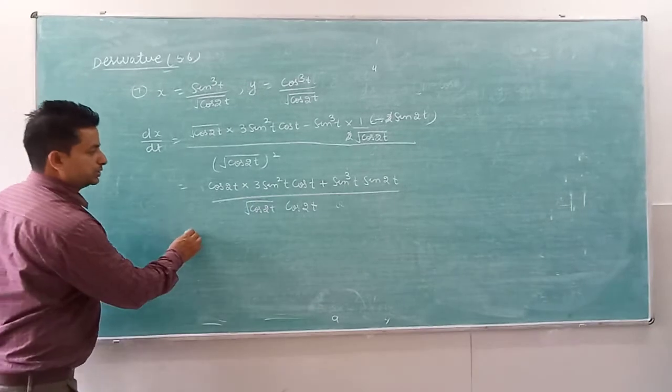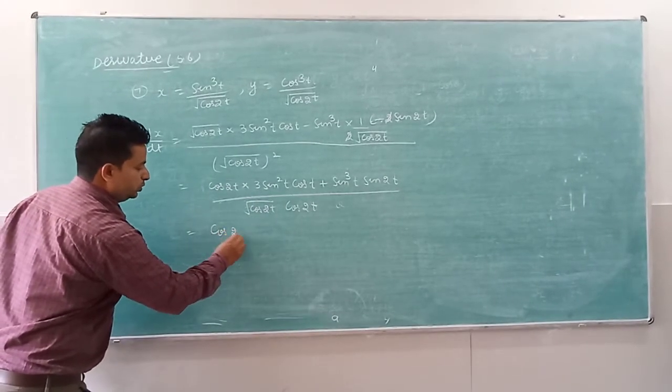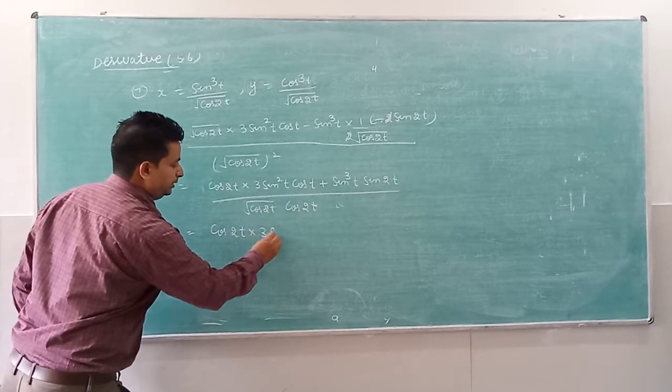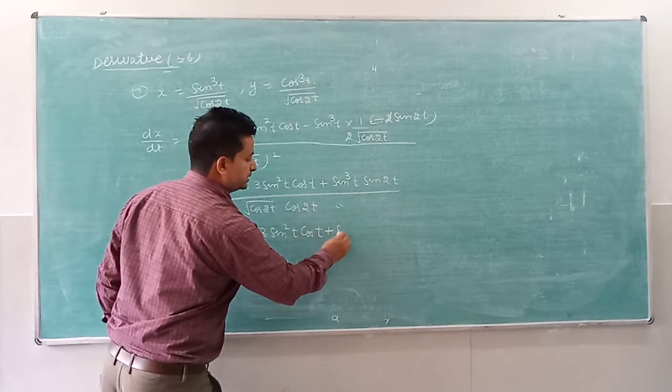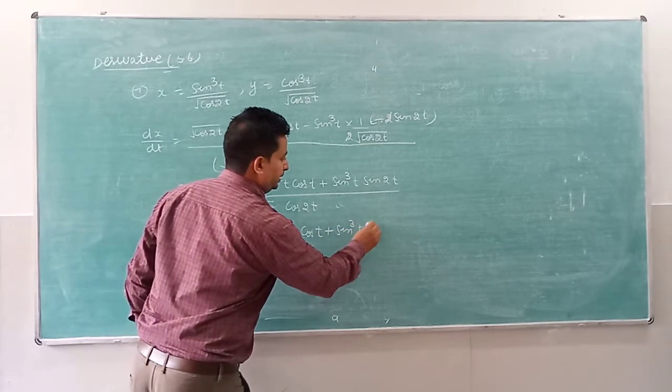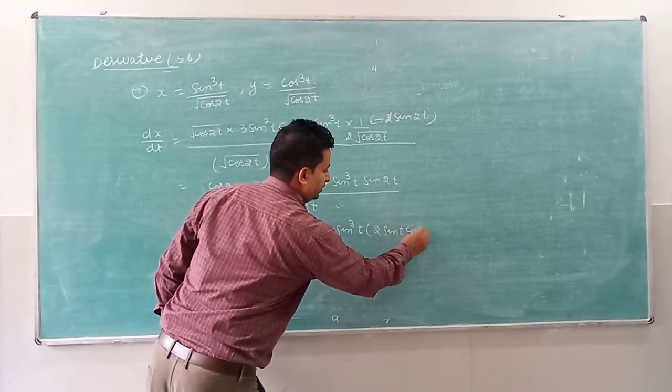So in this question, this is cos 2t into 3 sin²t cos t plus sin³t, and the formula of sin 2t is 2 sin t cos t.